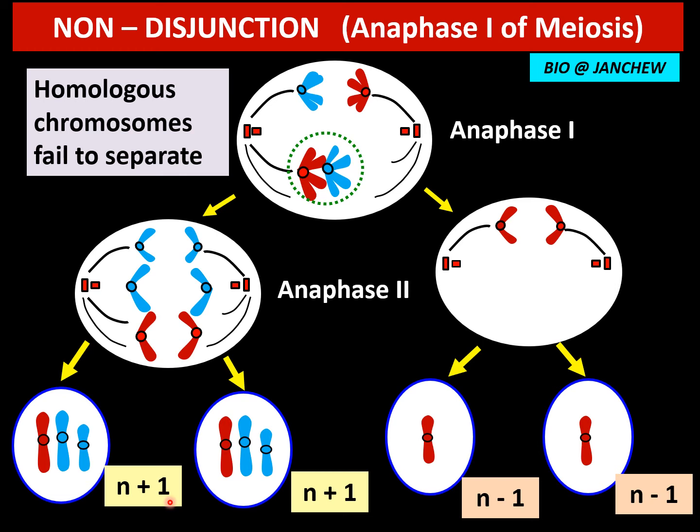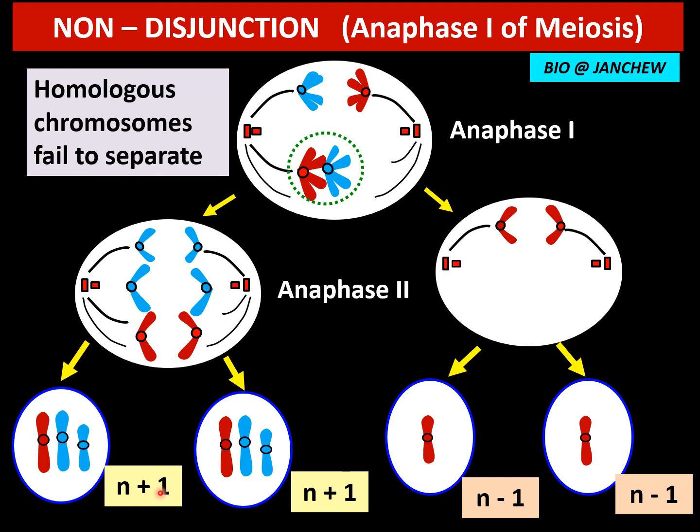Whereas for the other gametes that are formed, these 2 will lack chromosome number 21. So the number of chromosomes in the gamete will be n minus 1, which is 23 minus 1, becoming 22.